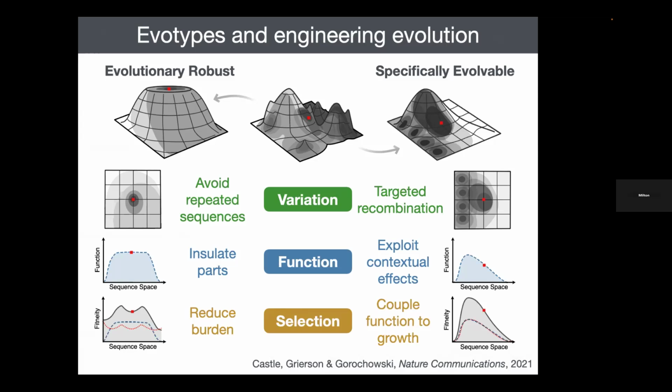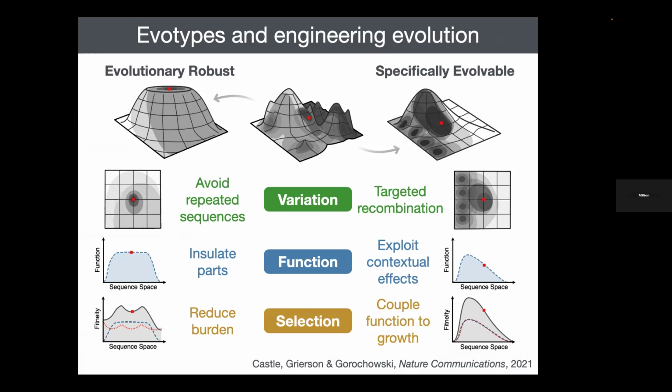In terms of the actual function of the system itself, we can try to make it more robust by insulating the functionality of the parts we use. This might be through things like feedback control, which is a mechanism you see in a lot of biological systems. Or we can exploit the fact that biology is sometimes really sensitive to small mutations or small changes, which allows it to explore a really diverse phenotypic space by having very minor changes to the genetic underpinnings of the cell.